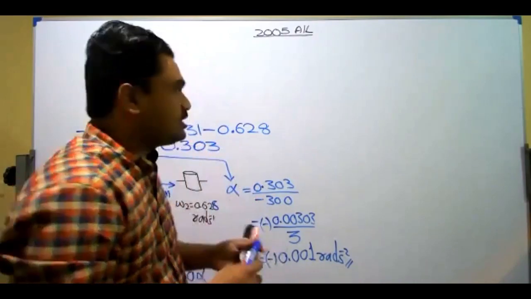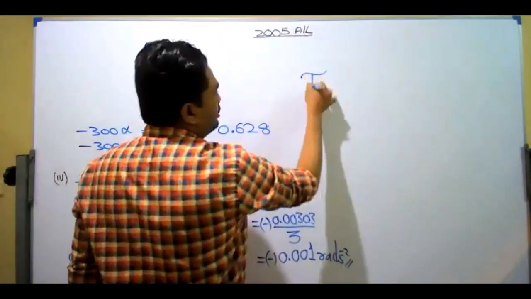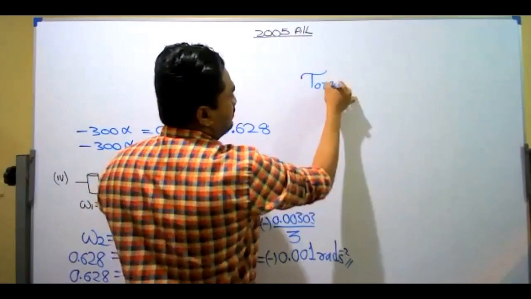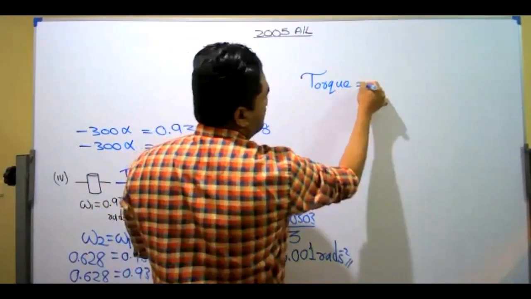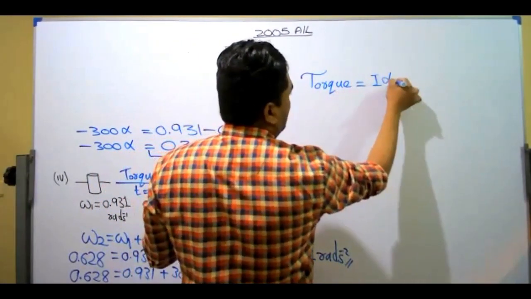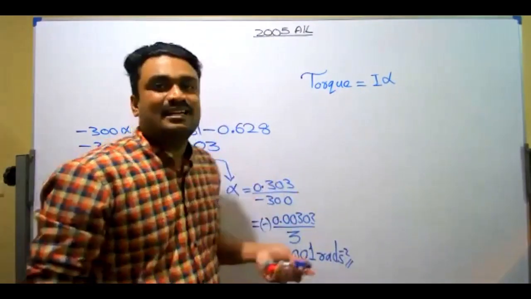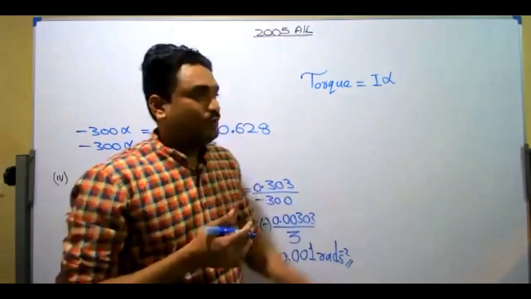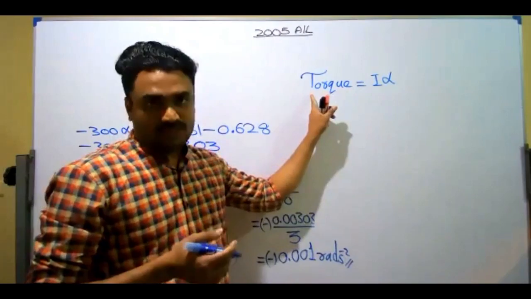Right. So we just write torque equals I alpha. The minus sign means velocity decreases. So if you want, you can say braking torque.